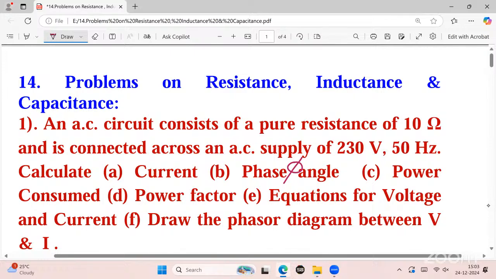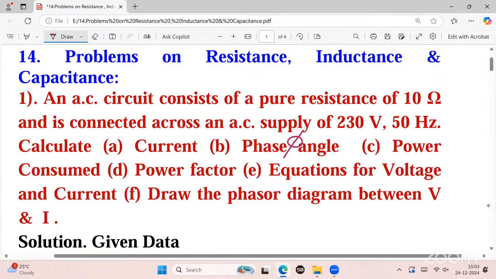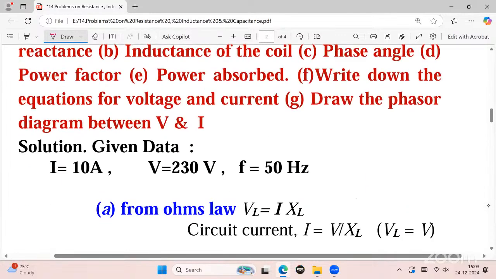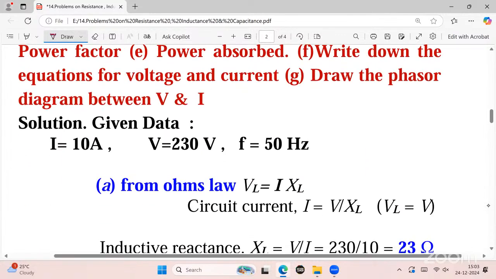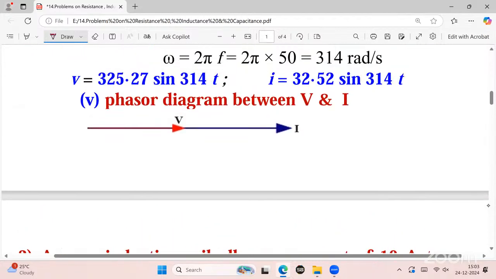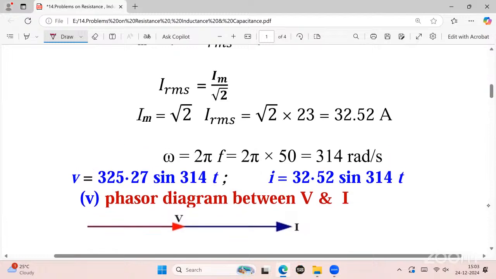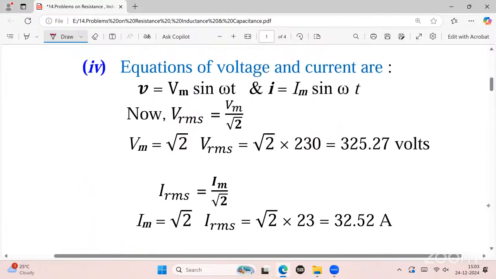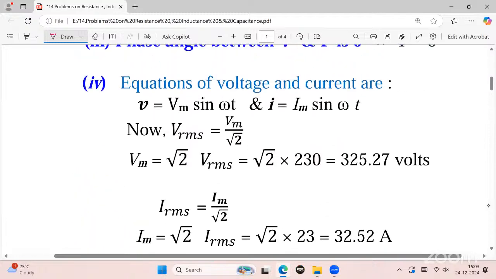This is called the equation of voltage and current.